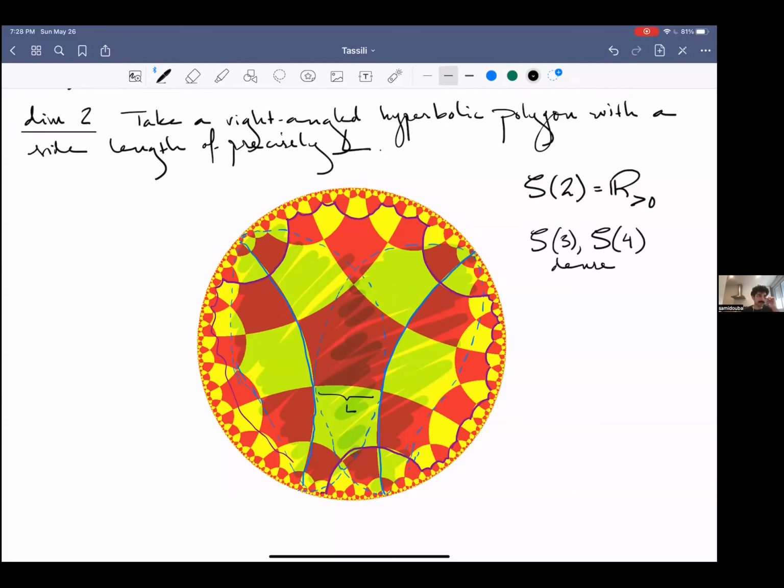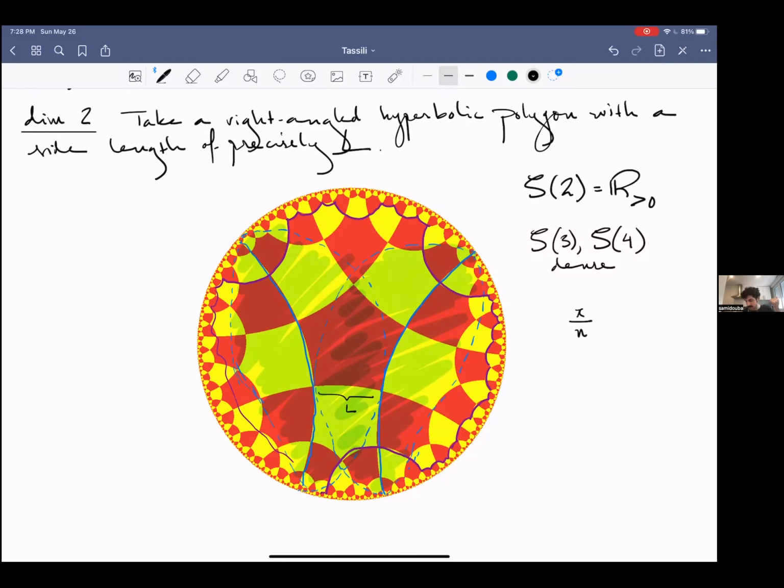In general, if you have a tiling of H2 by some Coxeter polygon, you don't know if you take a union of tiles, even if it's convex, whether the thing that you get is still a Coxeter polygon. So you don't know if the angles are all integer submultiples of pi.